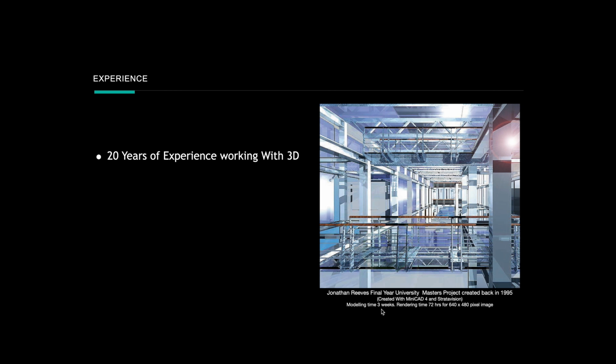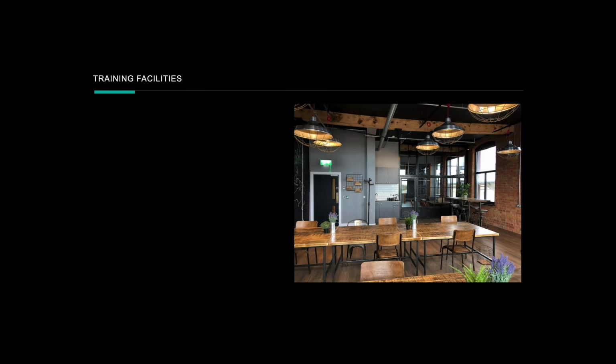And I do remember at the time it took 3 weeks to model, and the rendering time was about 72 hours for a 640 by 480 pixel, very pixelated as you can see, low quality image. But I have to say I was hooked, and I was really, really pleased with the way I created this three-dimensional image. So I like to think I'm an early adopter of 3D rendering, and these days I use Twinmotion most days if I get the chance, certainly on most projects. So things have come on a long, long way, and that's what you're going to see today.